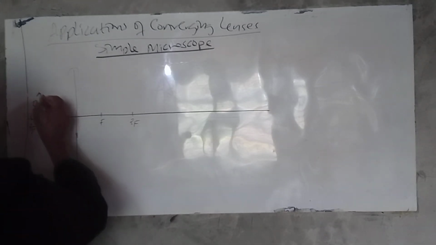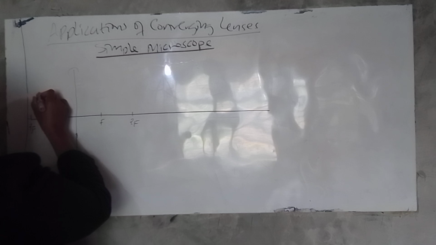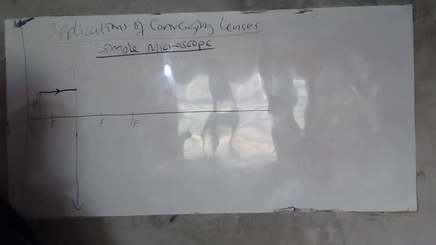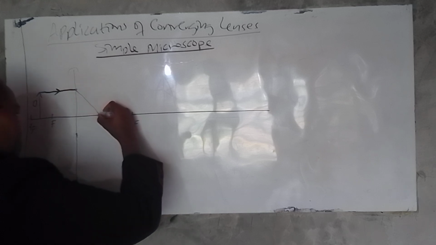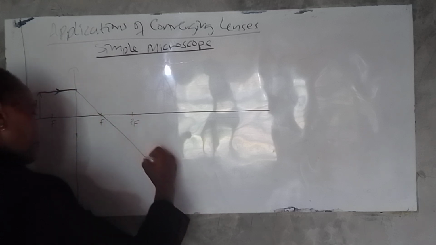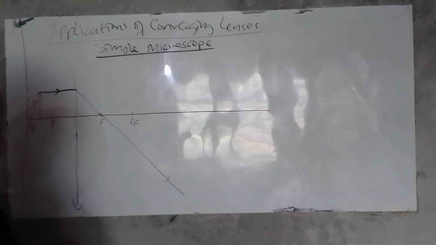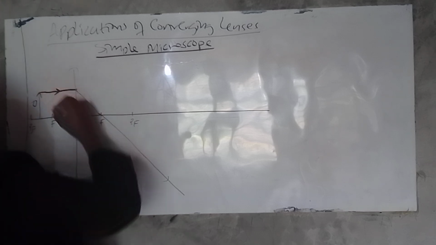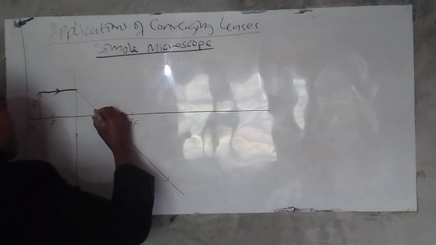Then, following the rules, a ray that comes to the lens parallel to the principal axis should be refracted through the principal focus, like that. The second ray is the ray that is coming from the object, passing through the principal focus.